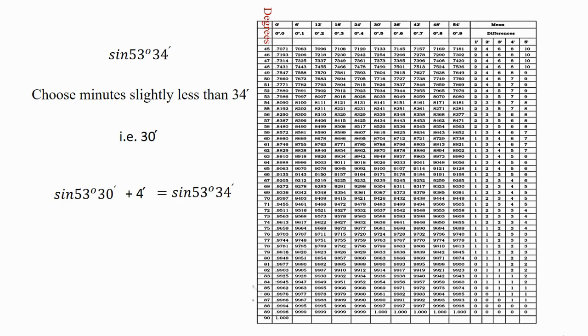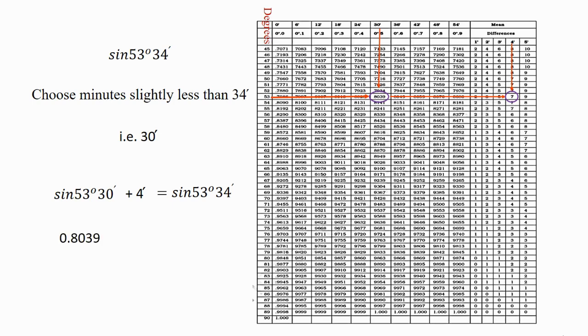So let's find the value from the table and substitute it. To find sine 53 degree 30 minutes, I choose 53 degree from the very first column. Along the 53 degree row, I observe the value under 30 minutes, 0.8039. Along the same 53 degree row, I observe the value under the 4 minute mean difference, which is 7, and that I will add to the given value.